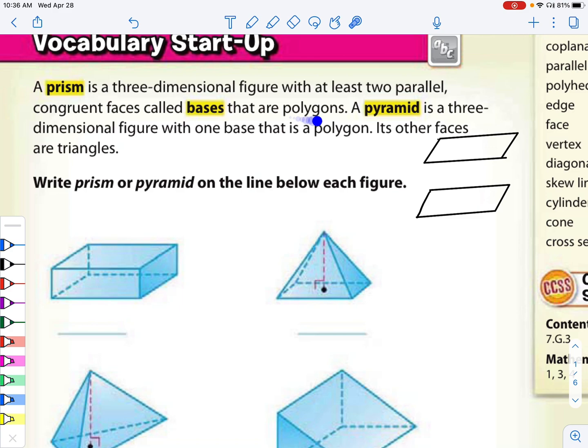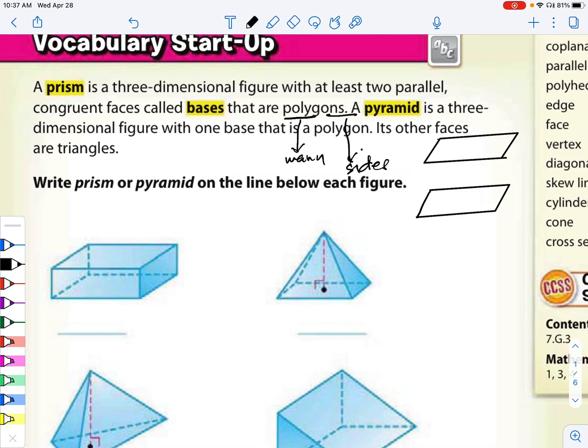A polygon comes with the word poly, which means many, and gon, which means sides. So this is simply a figure with many sides, and a triangle is one of them. It's a two-dimensional figure, not three, which has more than two sides, so it's three sides or more.